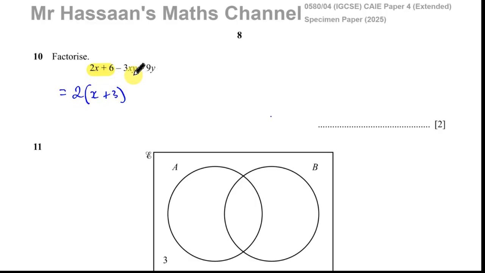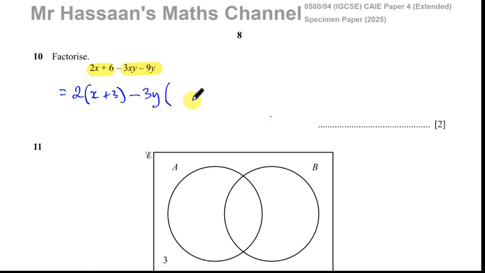So that's that part. And then whatever sign comes next, you write it down. And then you look at the next two terms and you try to find the highest common factor from those two terms. And from 3xy and 9y, well, there's a common factor from the numbers, which is 3. And there's a common factor from the letters, which is y.